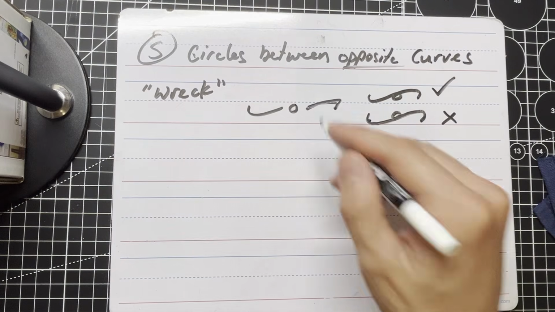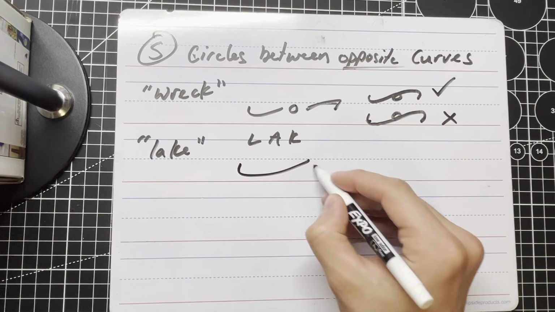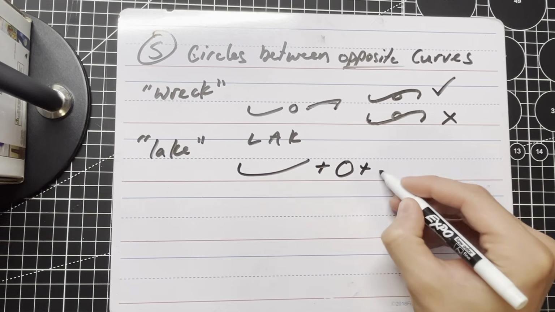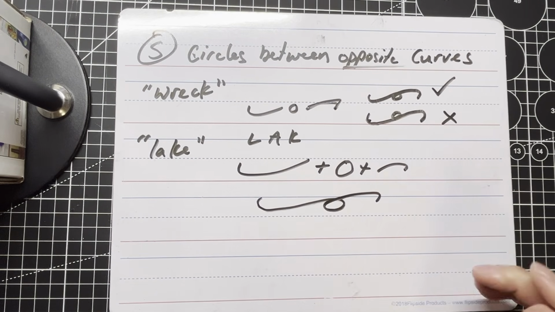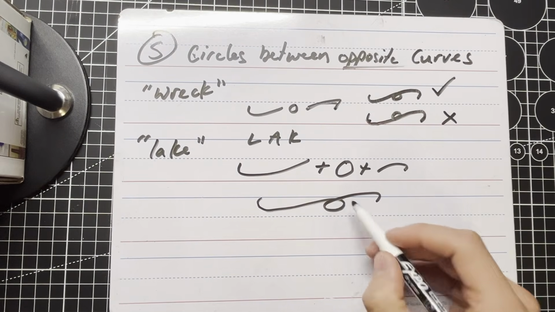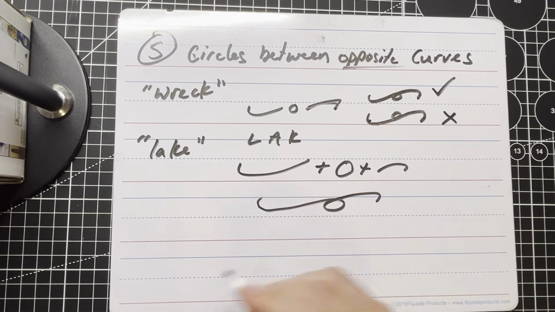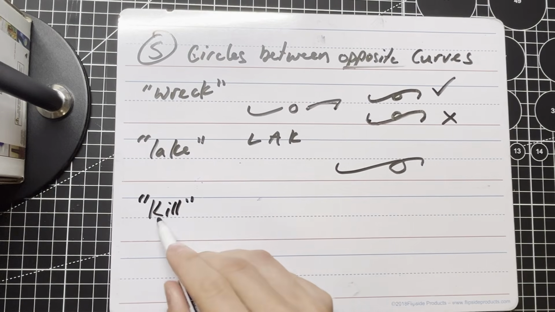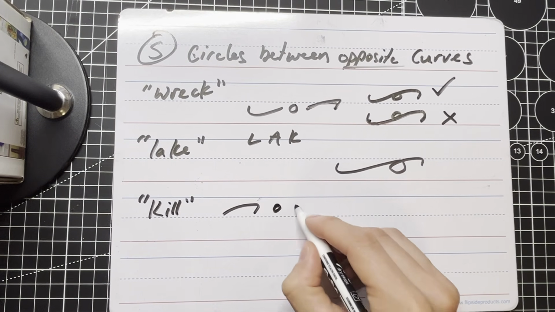So let's just do another example. We have lake, which is L plus A plus K. So lake would be L-A-K, lake. So you notice, again, I turned it back on the first curve, and it's inside that second curve. Okay, next example, we have kill. So a kill is a K sound, an E loop, and an L sound.